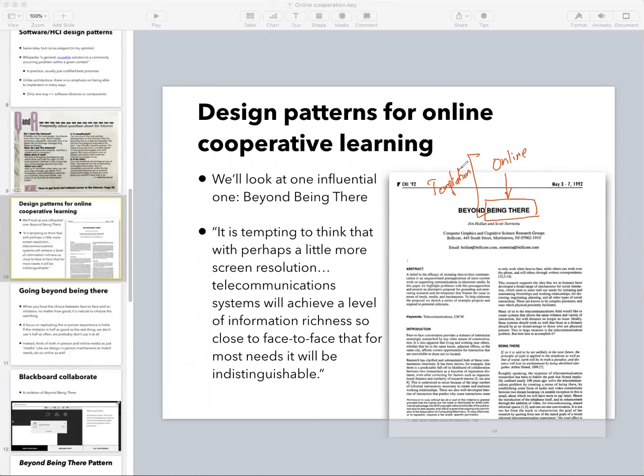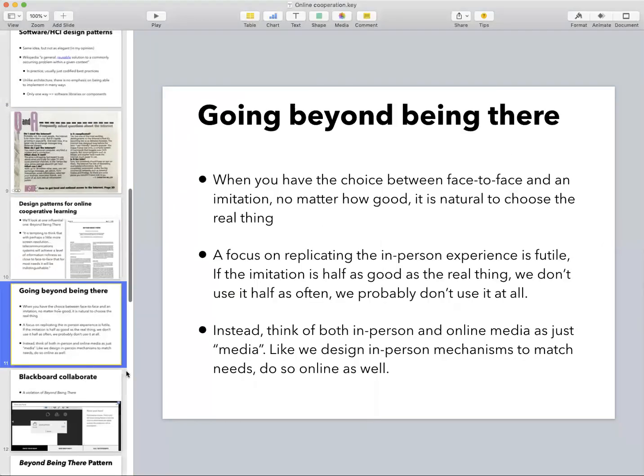So what Holland and Stornetta talk about in their paper is that there's this very strong temptation to try and tweak online communications just a little bit more, such that they're identical to the feeling of being somewhere. But unfortunately, this temptation is a false goal.